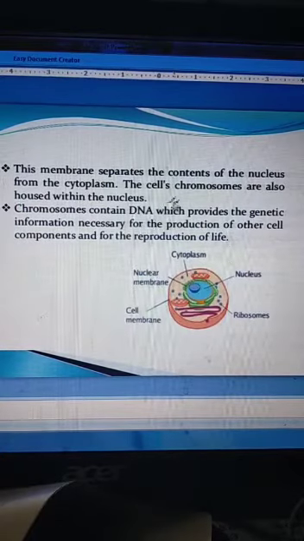This membrane separates the contents of the nucleus from the cytoplasm. The cell's chromosomes are also housed within the nucleus. Chromosomes contain DNA, which provides the genetic information necessary for the production of other cell components and for the reproduction of life.